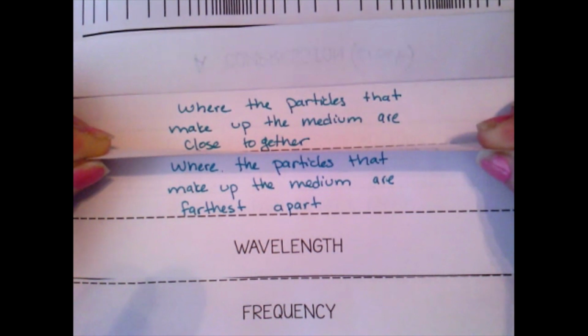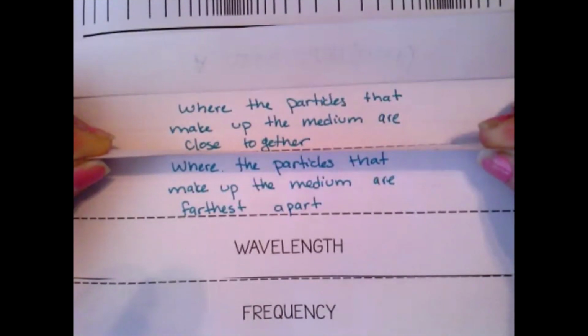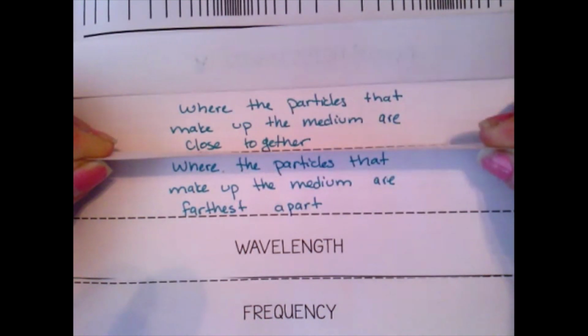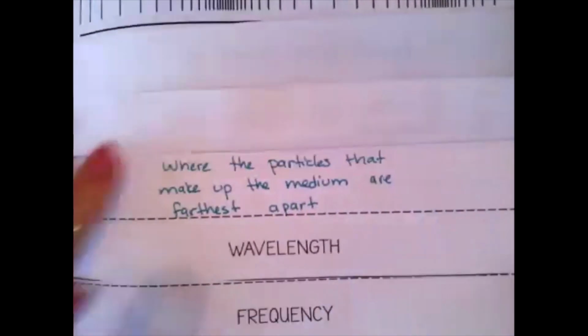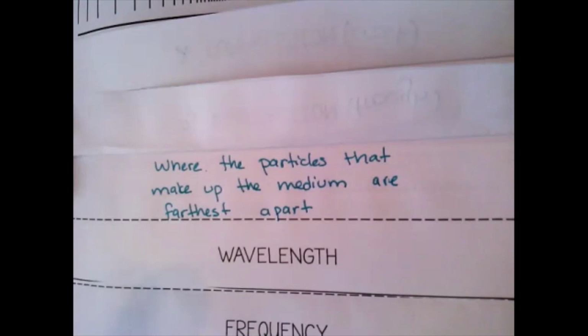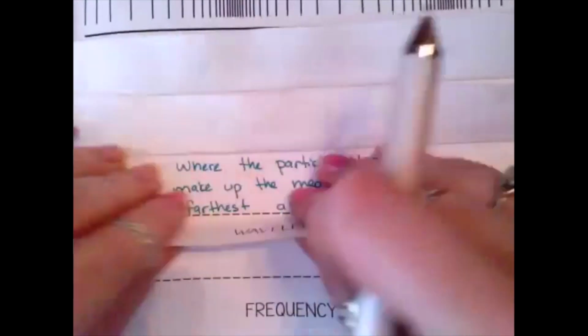Okay, so we already know what a wavelength is. Does somebody want to tell us what the definition of a wavelength is so we can write it down under our flip-flap? Nathan, you're going to have to unmute yourself if you want to tell us what the definition is.